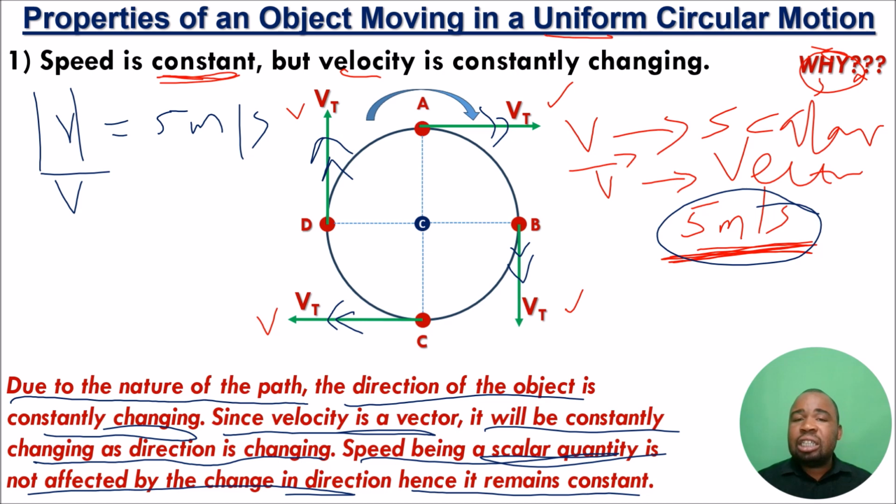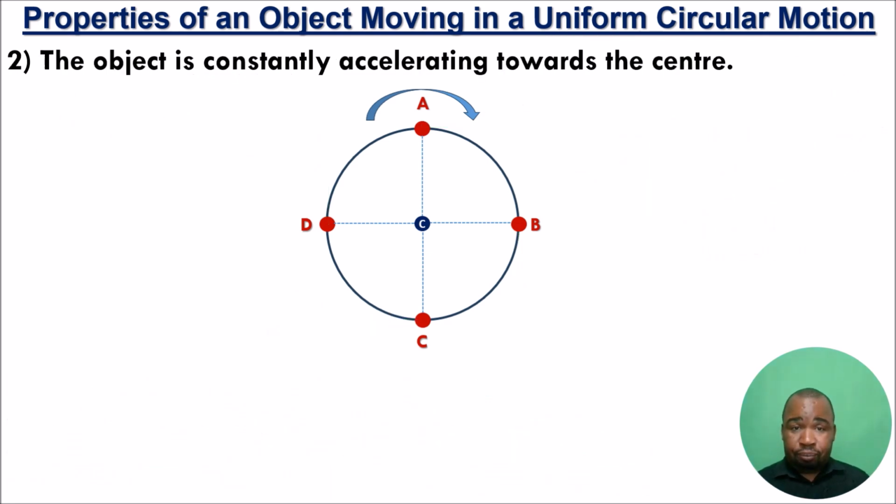Why is it changing? It was 5 meters per second to the east, 5 meters per second to the south, 5 meters per second to the west, 5 meters per second to the north. So the direction has changed, consequently velocity has changed. This is a very, very important aspect when we're explaining why speed remains constant while velocity changes.